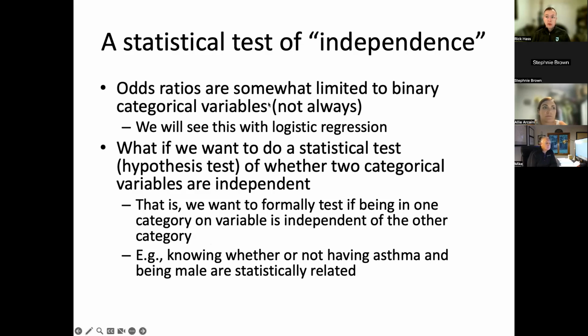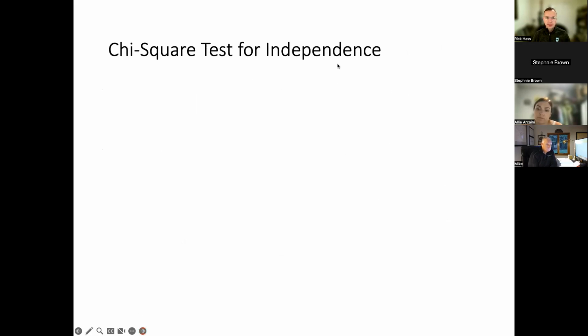So this test also works for a 2x2 table. And it turns out, and I won't present this, and I don't even know if it's in the text, it's in other texts, that formally performing this test, which we will call the chi-square test for independence, will also, in a 2x2 table, test the significance of the odds ratio.